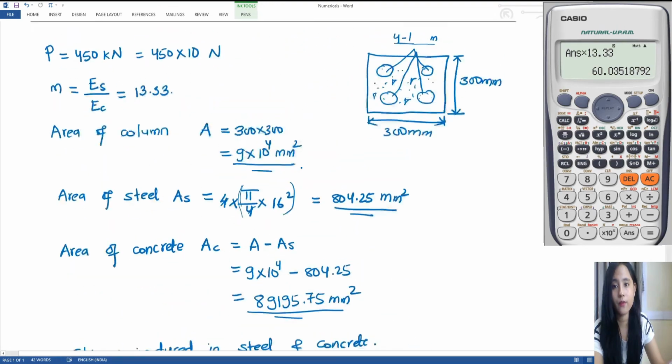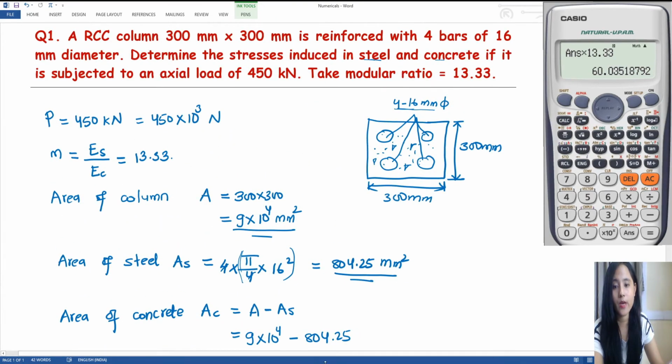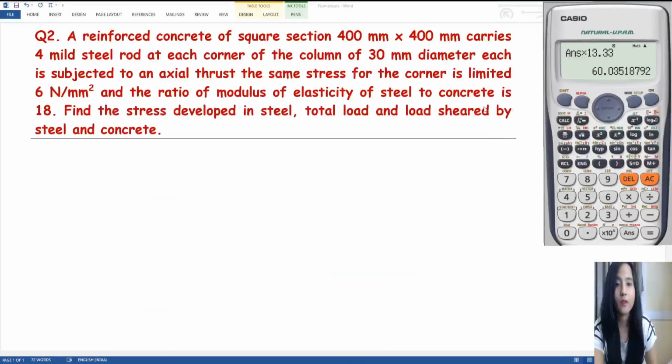Let us solve second numerical. A reinforced concrete of square section 400 mm into 400 mm carries 4 mild steel rods, one at each corner.